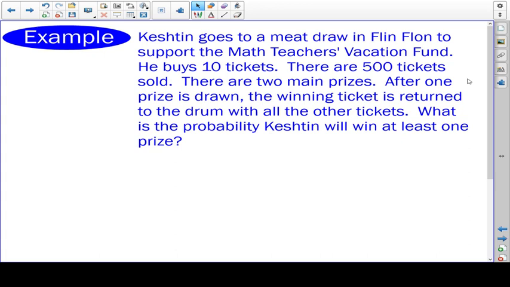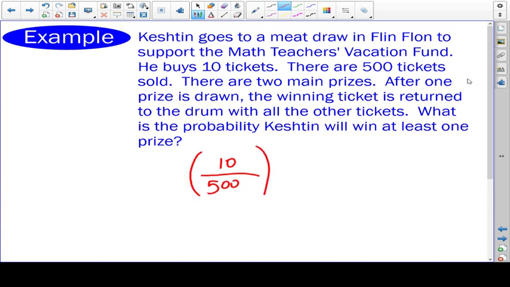So the probability of him winning, he's got 10 tickets out of 500. So the probability of him winning the first prize is 10 out of 500. But the tickets do get returned to the drum, so the probability of him winning the second time is 10 out of 500 as well.